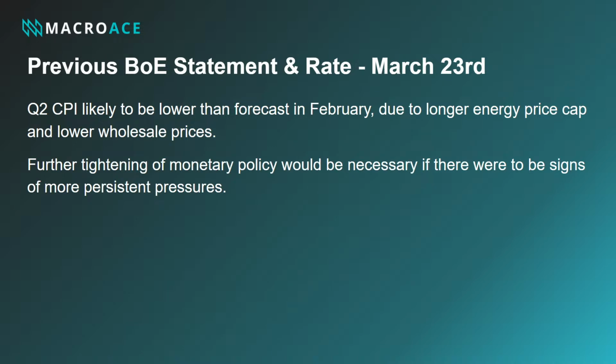And then further tightening of monetary policy would be necessary if there were to be signs of more persistent pressures, which is very obvious at the moment with double-digit inflation, particularly on the food side, from what we saw in the last CPI print, I think it was at 19% within the CPI report itself, which is quite high.